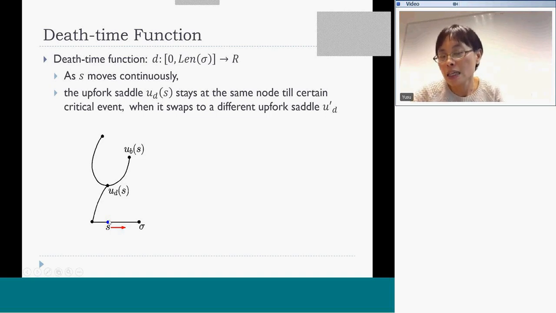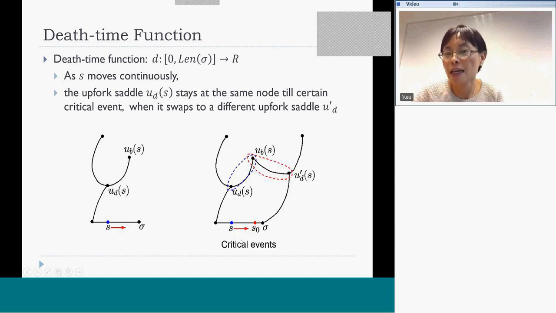In this case, it's easy to describe: the distance function is what happens to the distance between S and the saddle point. But it could also happen that at some critical moment, as the base point moves, the saddle point swaps to a different saddle point paired with the corresponding maximum.